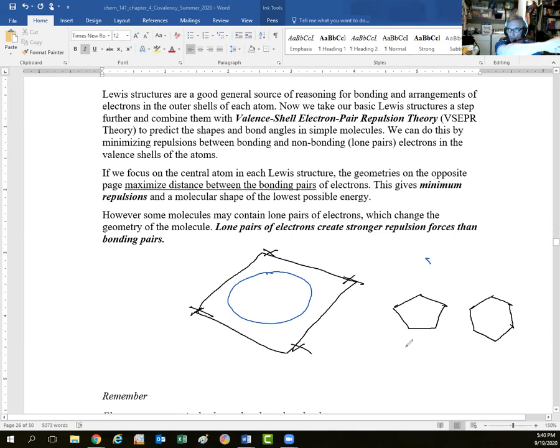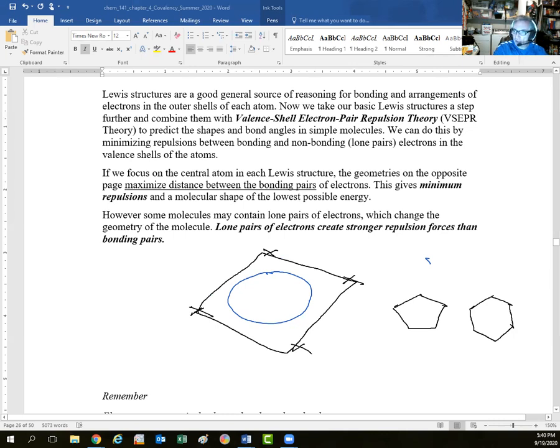Wherever I move my elbow, because my hand is joined onto the elbow by the arm, like a chemical bond, wherever the elbow goes, the hand has to move with it. And so as bonding pairs move away from other electron pairs, it could be bonding pairs or lone pairs, as they move away, it's moving the atoms, and it's therefore creating very particular shapes. And we'll talk about those shapes on Monday and do some more Lewis structures.